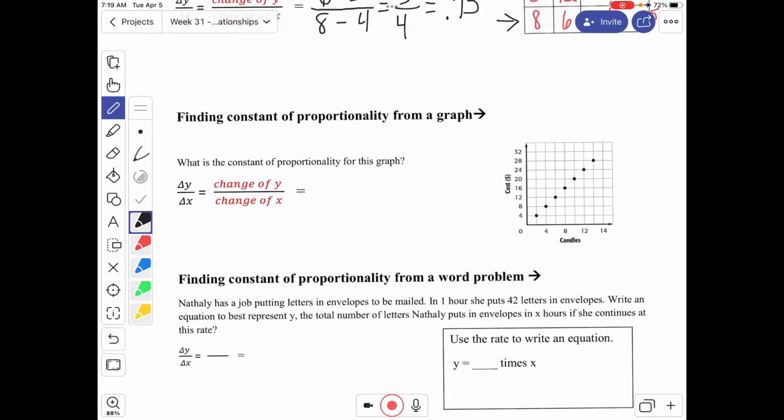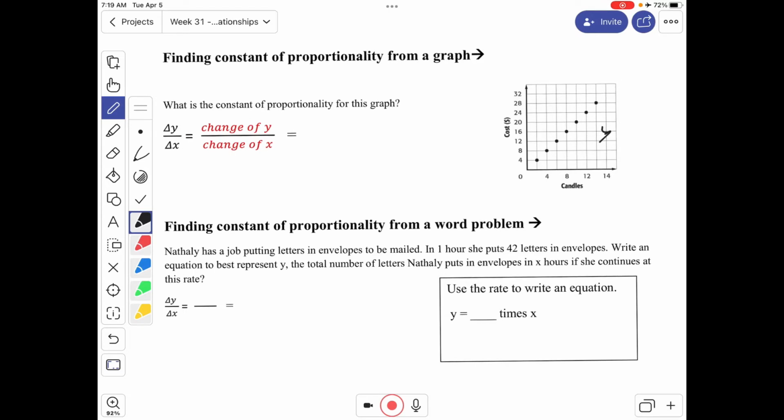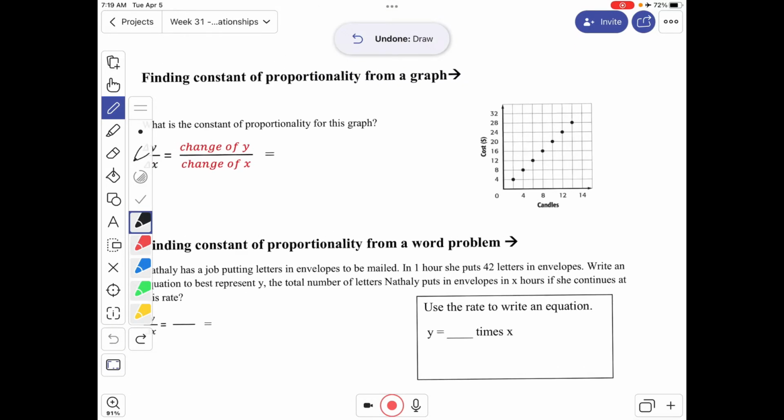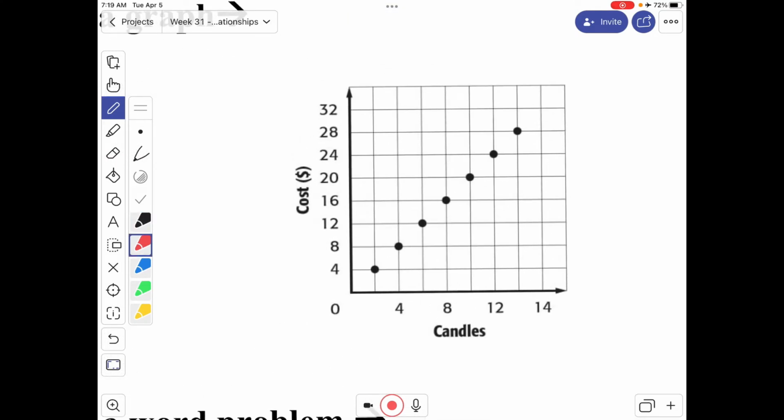What about finding constant of proportionality from a graph? What is the constant of proportionality for this graph? Well, we're going to use change of y and change of x. So in order to do that, I'm going to need to know a couple of the ordered pairs. I'm going to zoom in so we can see the graph a little better. And you can pick any 2 points you want.